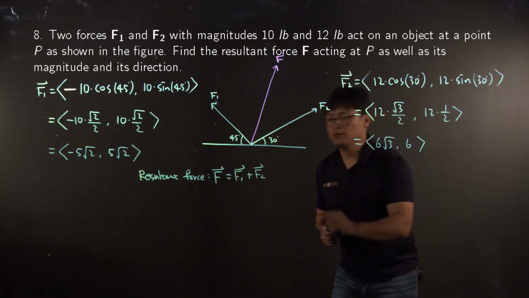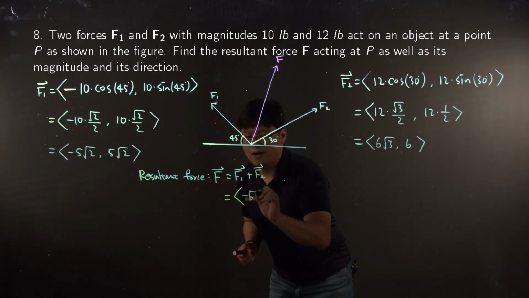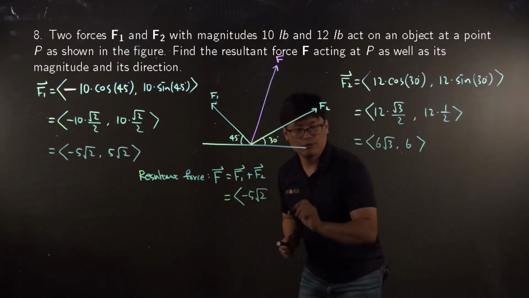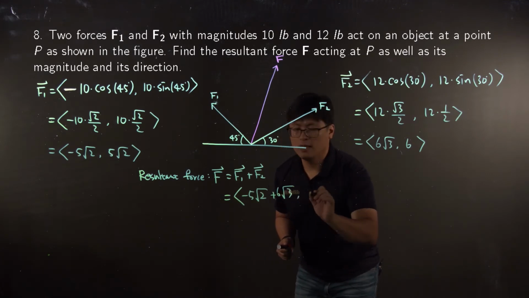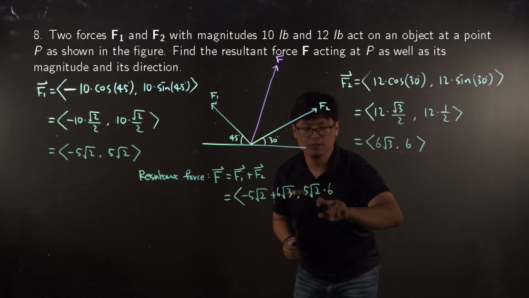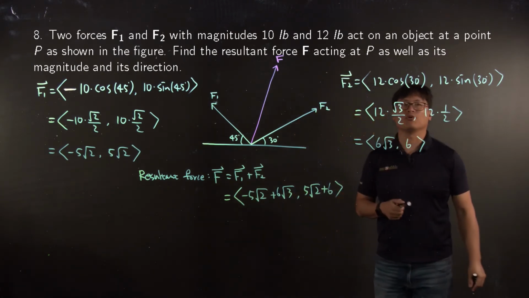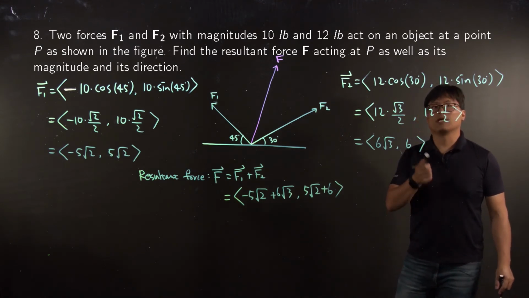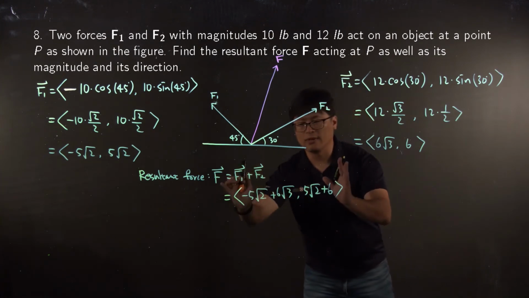So that is equal to negative 5 square root of 2 plus 6 square root of 3 for the x component, and the y component is 5 square root of 2 plus 6. That's it. This is the resultant force. If the question asks you to find the magnitude, the magnitude is just the length of this vector.